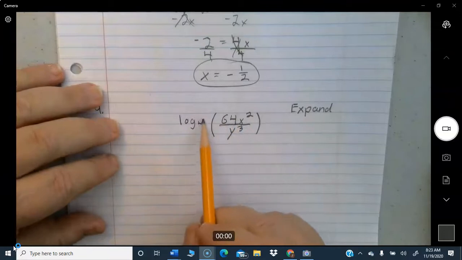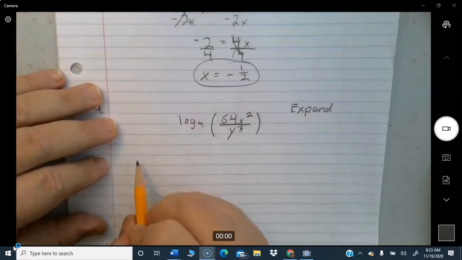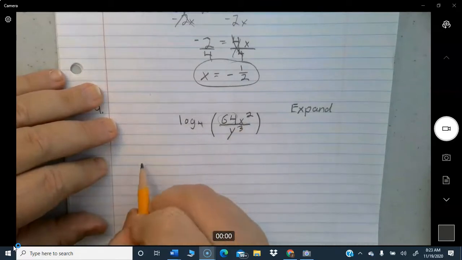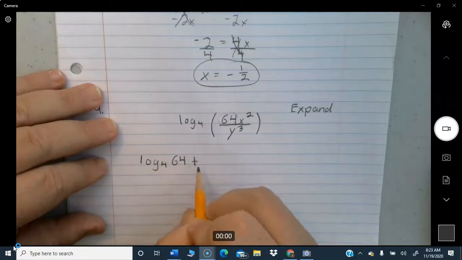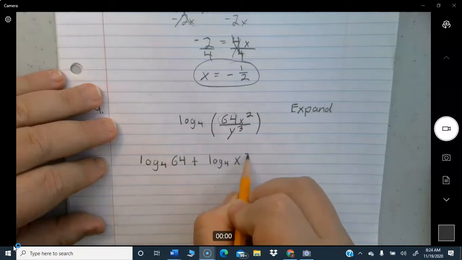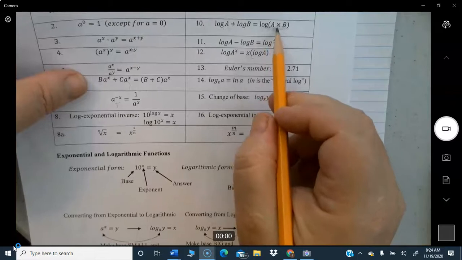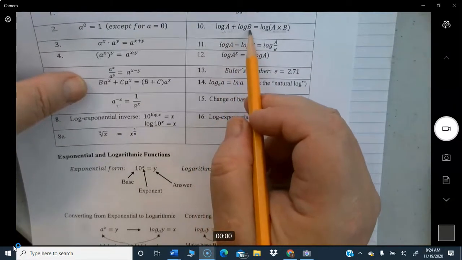We've got log, and all of these are going to be log base 4s. So we're going to start with the 64. It's 64 times x squared, so I'm going to write log base 4 of 64 plus log base 4 of x squared. Again, I'm just employing that log of 64 times x squared is going to equal log of 64 plus log of x squared.